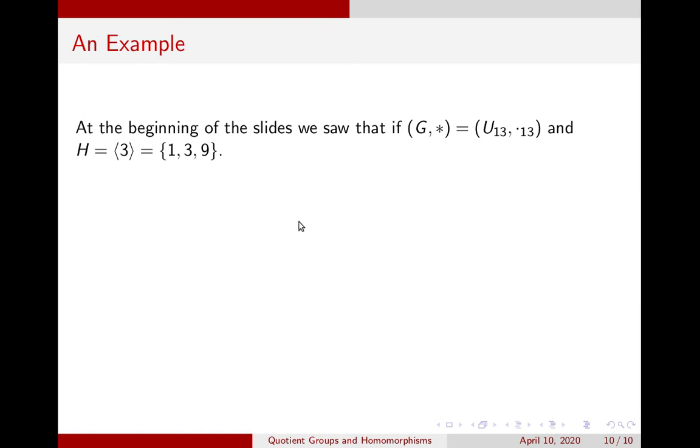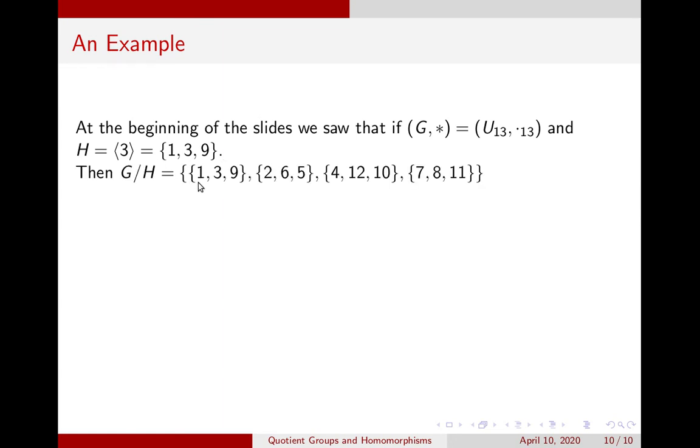Let's try an example. At the beginning of the slides, we looked at U13 with times sub 13 and the subgroup generated by 3. I guess we've looked at that group and subgroup twice. G over H consisted of the 4 cosets of H in G. This was H times 1, H times 2, H times 4, and H times 7.